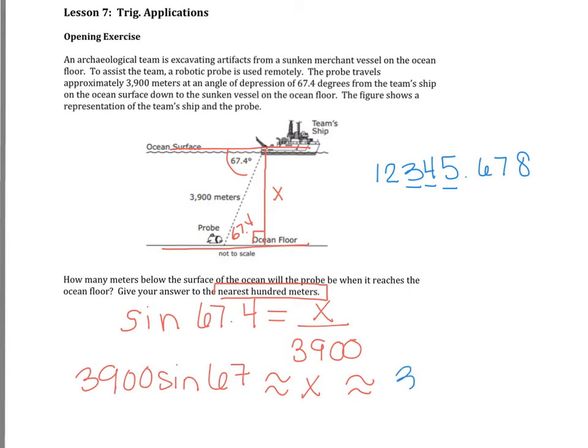So the value that we're looking for is 3,600 meters. So how many meters below the surface of the ocean will the probe be when it reaches the ocean floor? 3,600 meters.